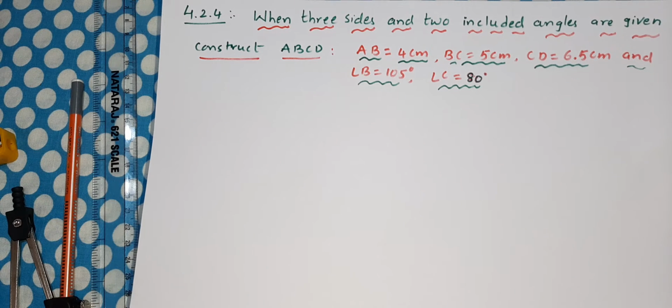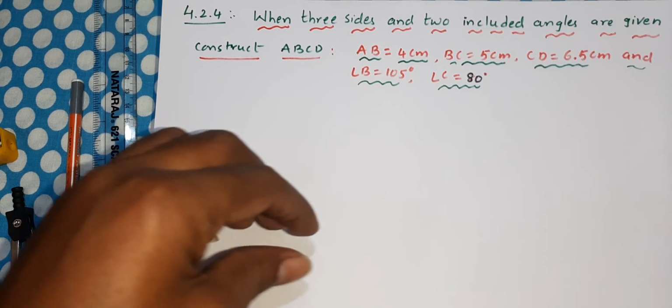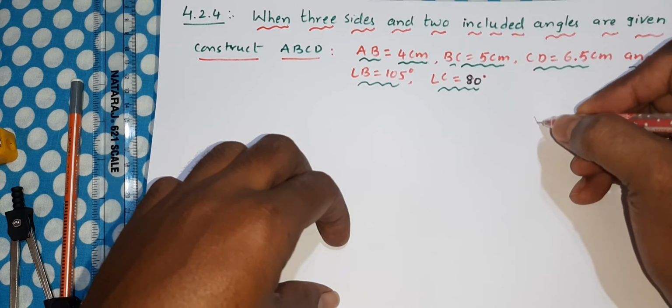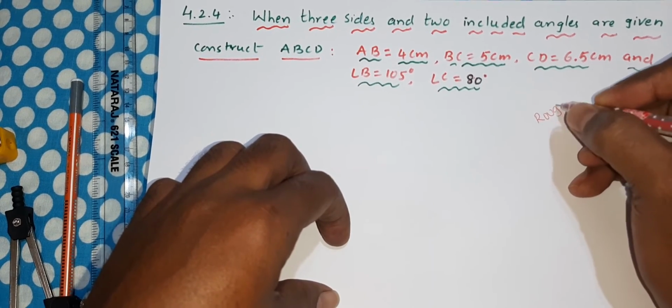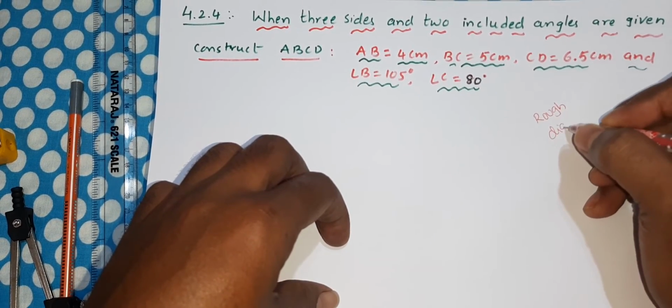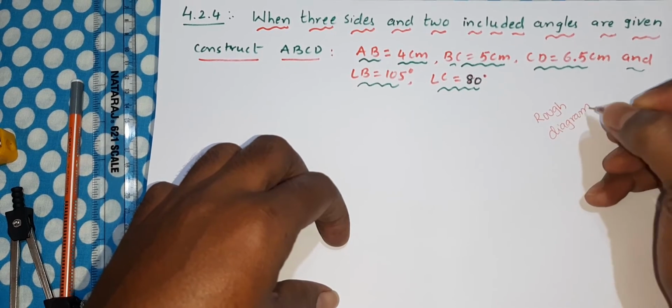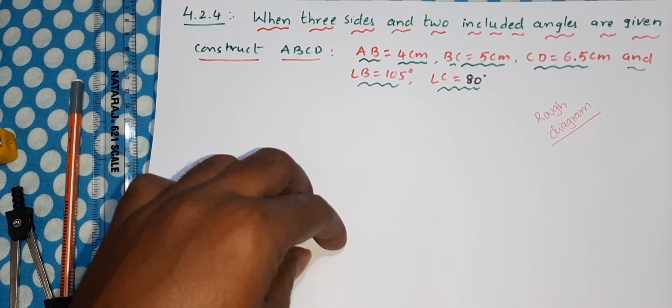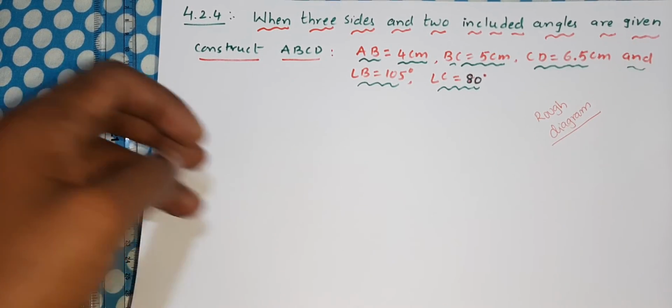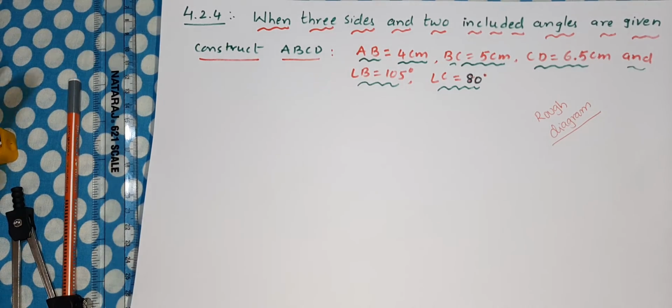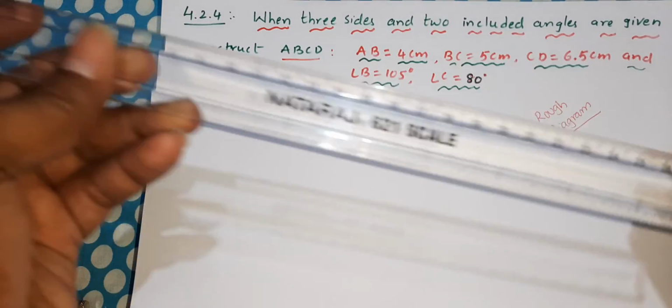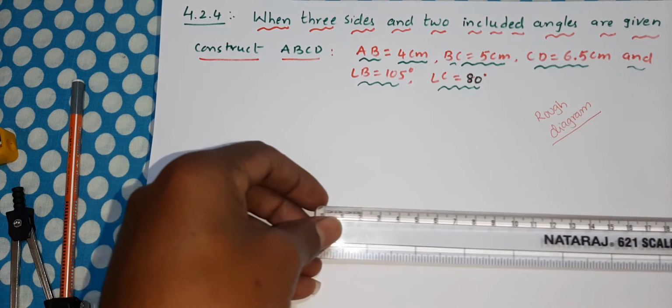First of all, we will construct a rough diagram. So here we need to construct ABCD, a quadrilateral with 3 sides and 2 included angles given.